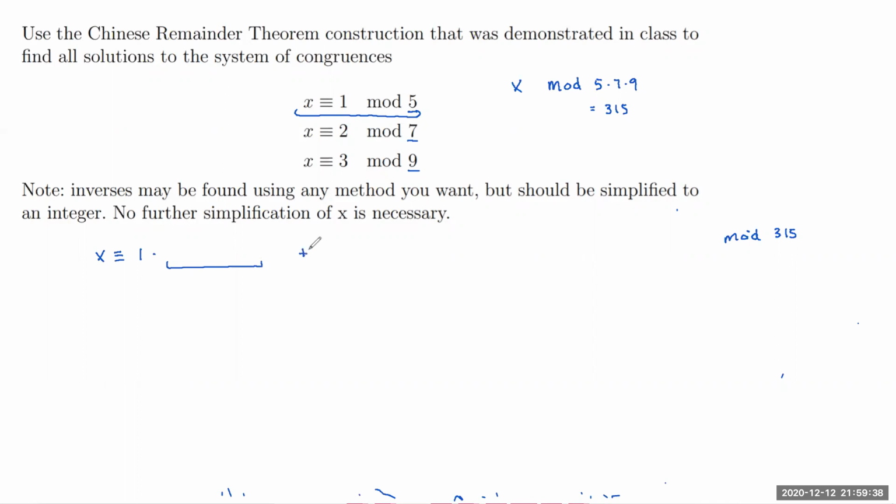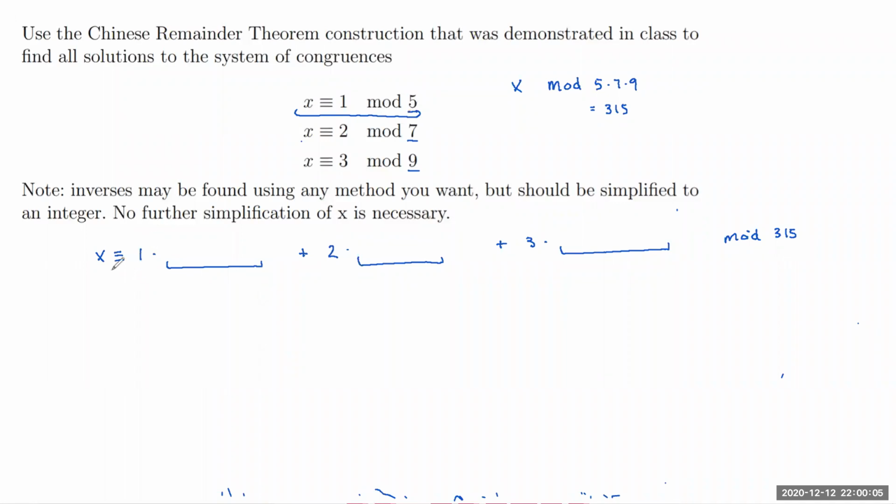Then we add on this second number, so we know that x is equivalent to 2 mod 7. We're going to add on this 2 multiplied by another chunk of numbers. And finally, we're going to add on our last one, which is this 3, also multiplied by a chunk of numbers. How we're going to fill in this chunk is that we know that x is equivalent to 1 mod 5.